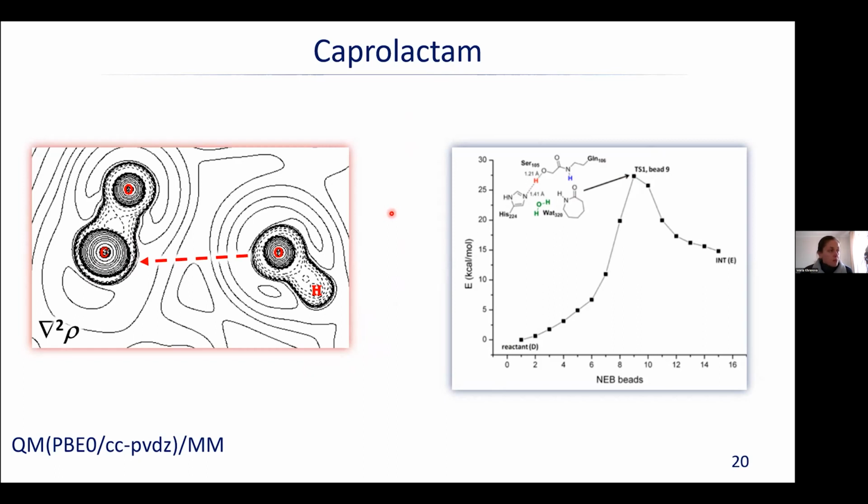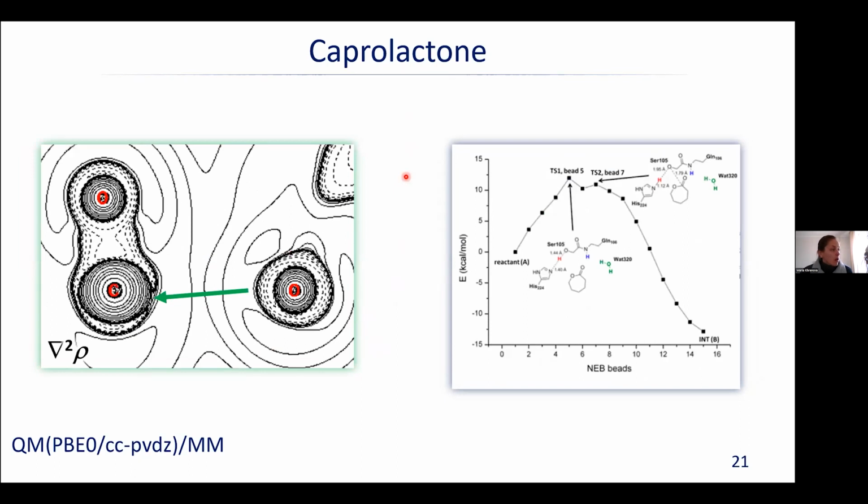At the same time, for the caprolactone, with the calculated smaller energy barrier, we found independently that the activation is observed and that there is a small area of electron density depletion. So this criterion is quite universal and can be utilized further.